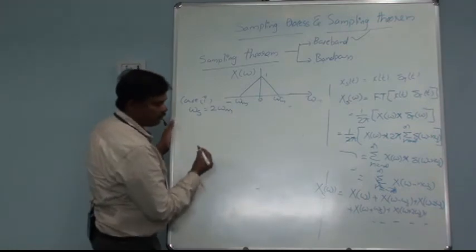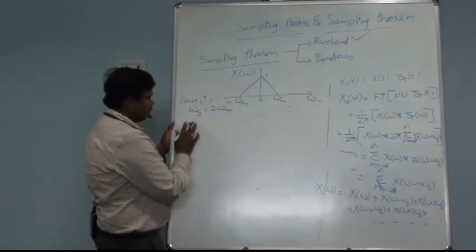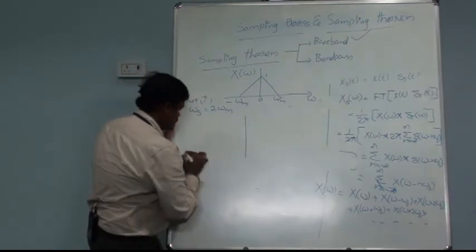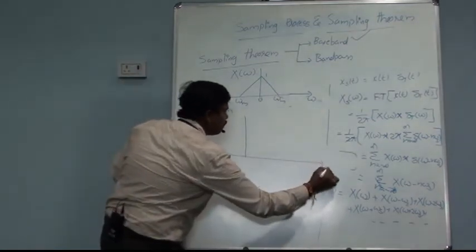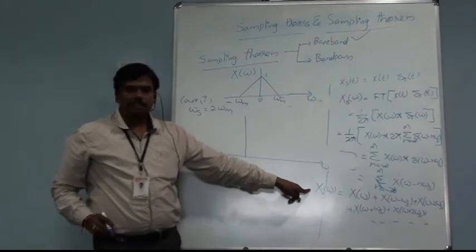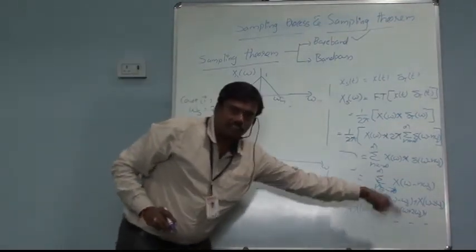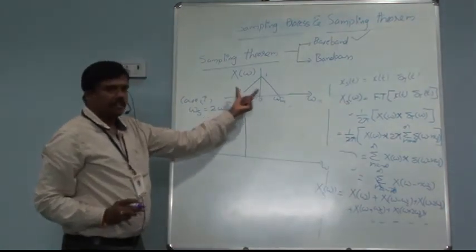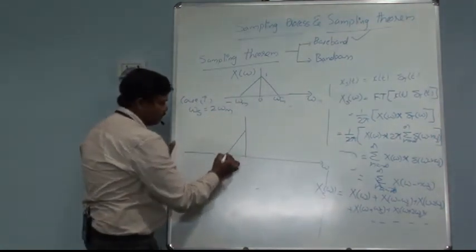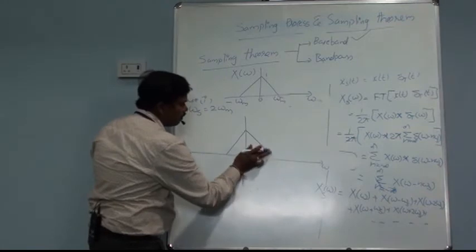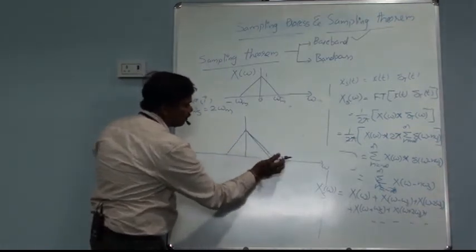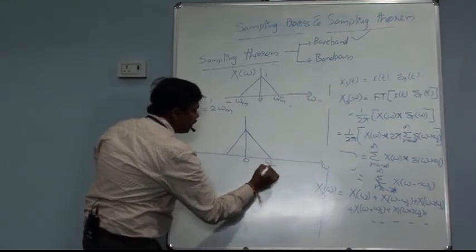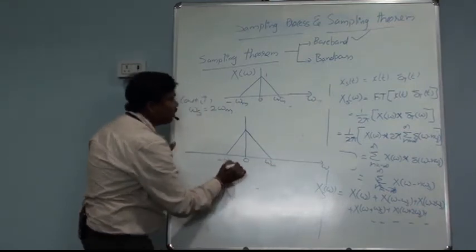Now what happens? Coming to Xs of omega, it is the addition of all these signals. First, what is there? X of omega, which spans from minus omega m to omega m.